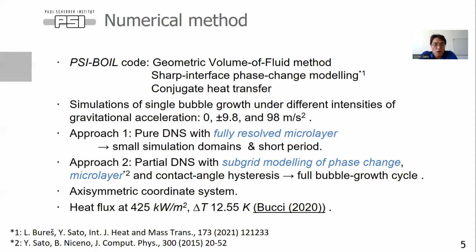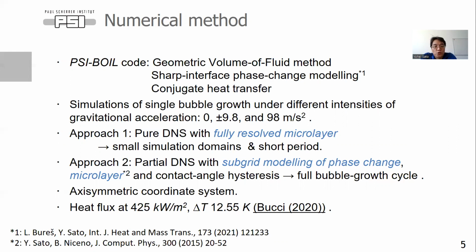Simulations of a single bubble growth under different intensities of gravitational acceleration were carried out. The gravitational acceleration was 0 or plus minus 9.8, that is 1g, and 10g.